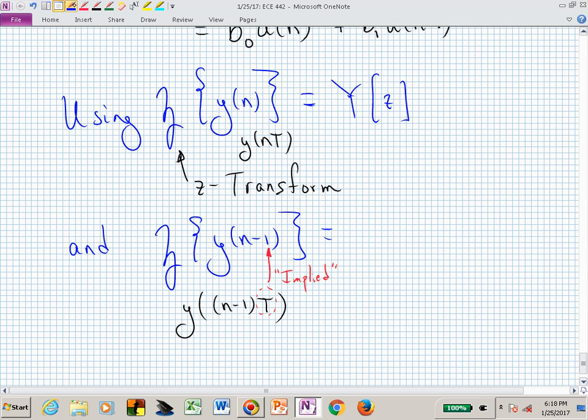What do I want on the right-hand side of that equality? How many delays do I have in the argument of my time domain waveform? 1. How do I represent a 1 sample period delay in the frequency domain?